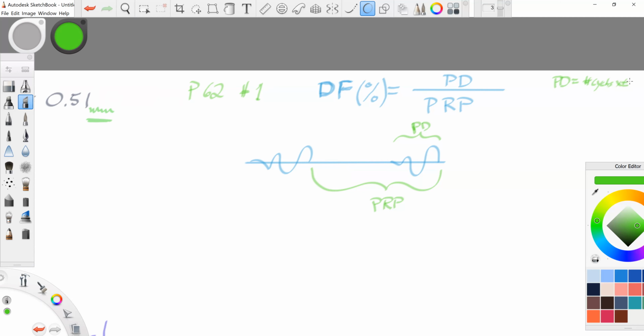Let's put a pulse here, and we'll just put a pulse at the other end. Okay. So, which is going to have a greater duty factor? This picture or that one?